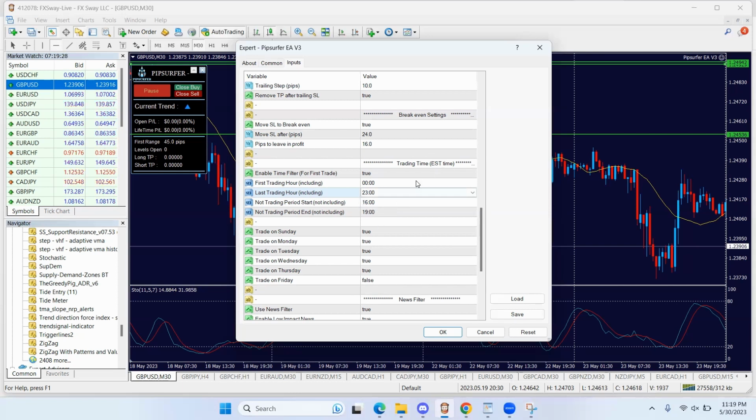So the 16th hour of Eastern time would be 4 o'clock p.m., because it's the 16th hour. And it won't trade at 4 o'clock p.m. Eastern all the way till 7 o'clock p.m. Eastern. So that's how you look at that.